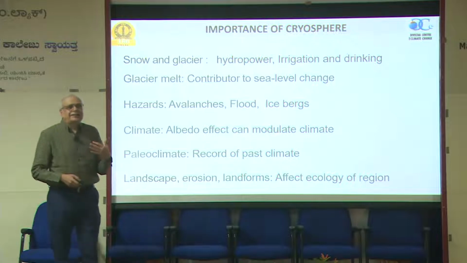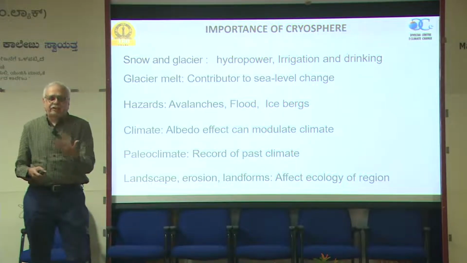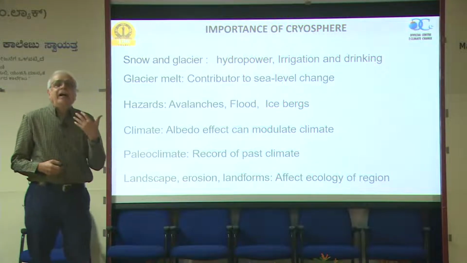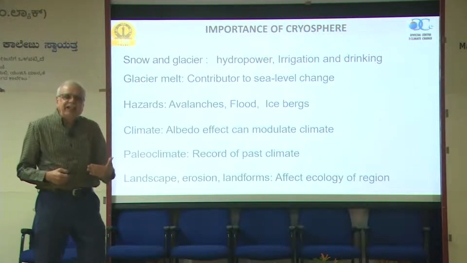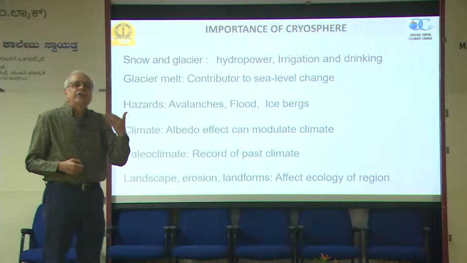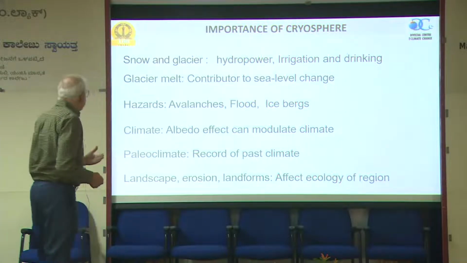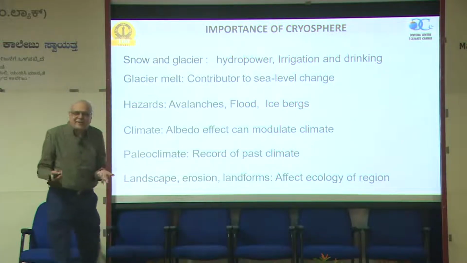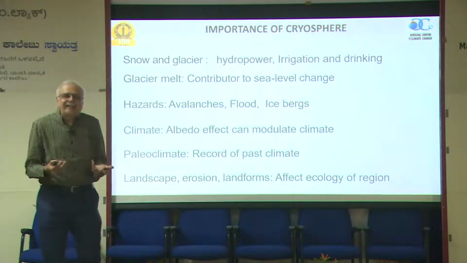There is also climate. The albedo effect will modulate the climate, which Professor Srinivasan was talking about, how the albedo of water and ice is very different, and because of that it is going to change the energy balance of the earth. We can also lose our past record if there is no ice.